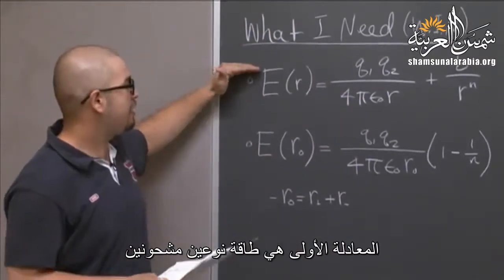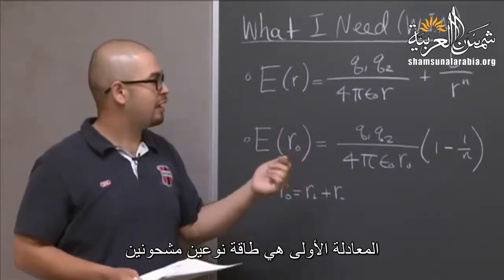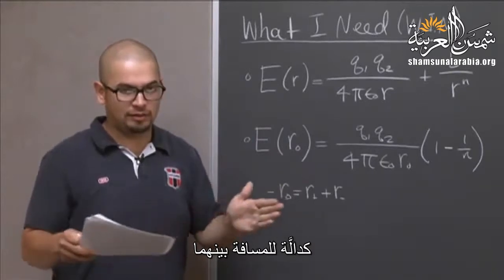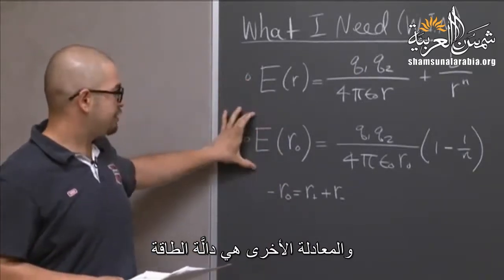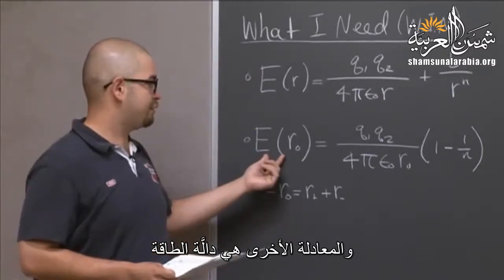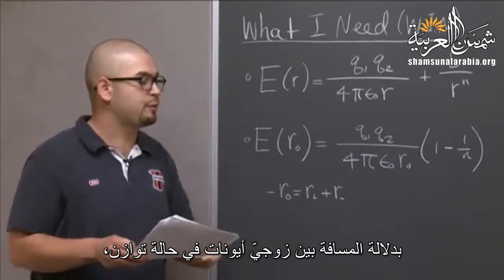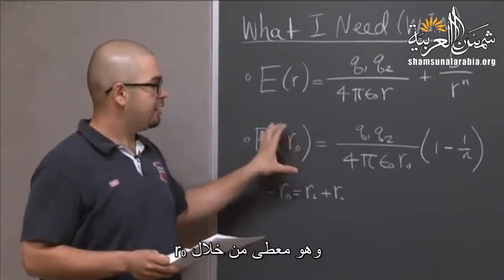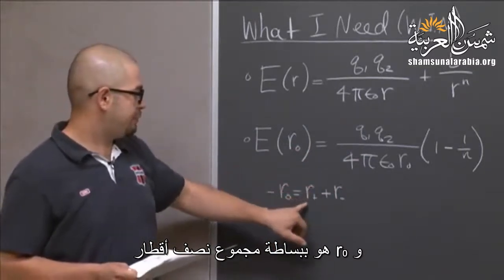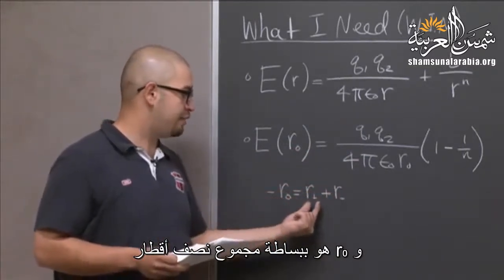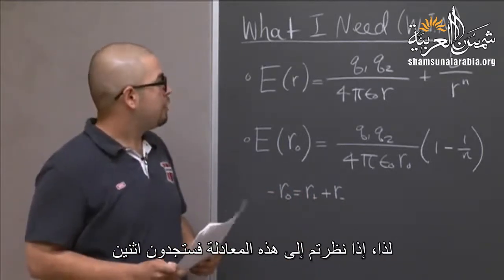The first equation is the energy of two charged species as a function of their internuclear separation. The other equation is a function of just the separation between two ion pairs at equilibrium, which is given by R naught. R naught is simply the sum of the radii of the cation and the anion.